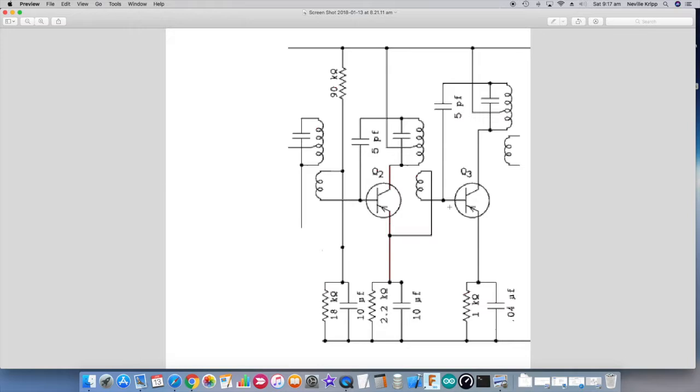the base of Q3. You'll note that the circuit around Q2 and Q3 is practically the same, and that's because essentially this is a two transistor or two stage IF amplifier. So this transformer in the collector of Q3 is the output of the IF amplifier.